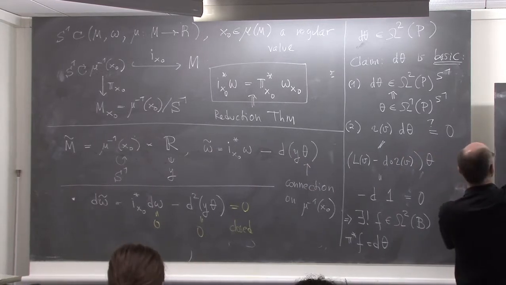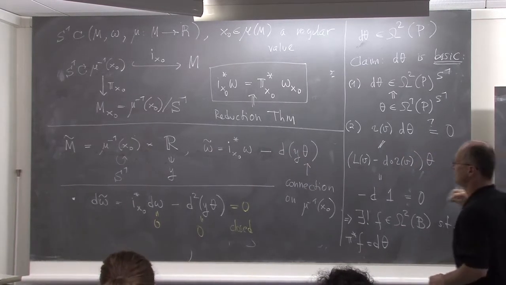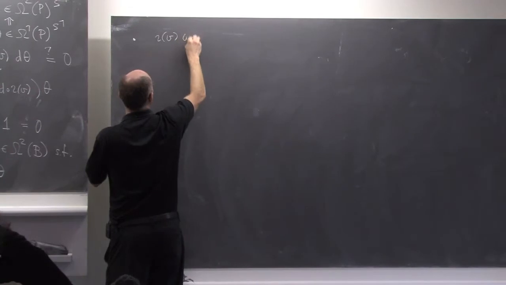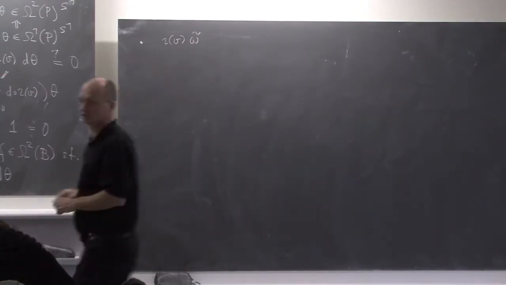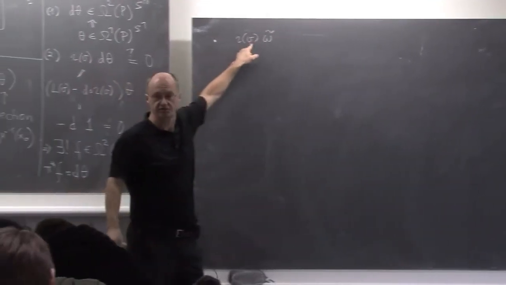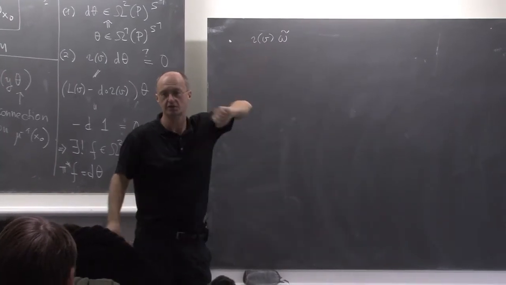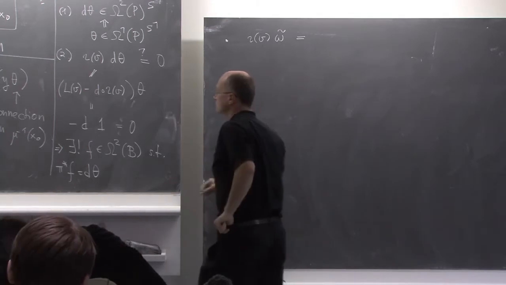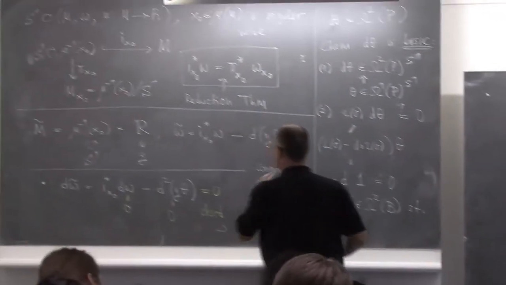Now maybe the next thing which is easier, we can compute iota v omega tilde. Here v denotes the fundamental vector field of my S1 action. So what will it be?